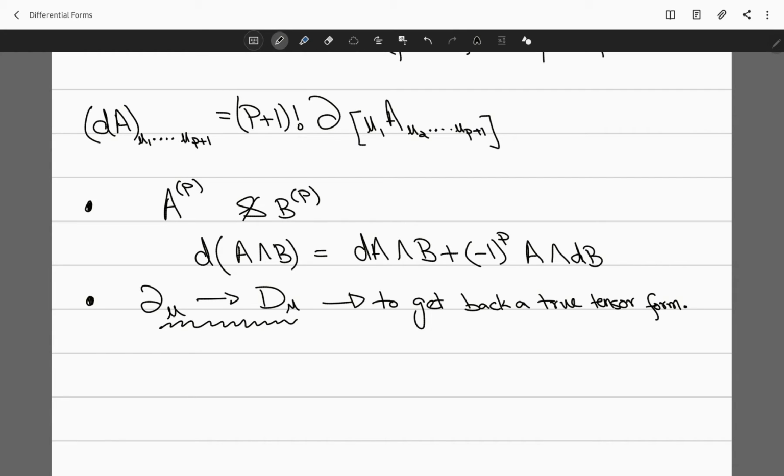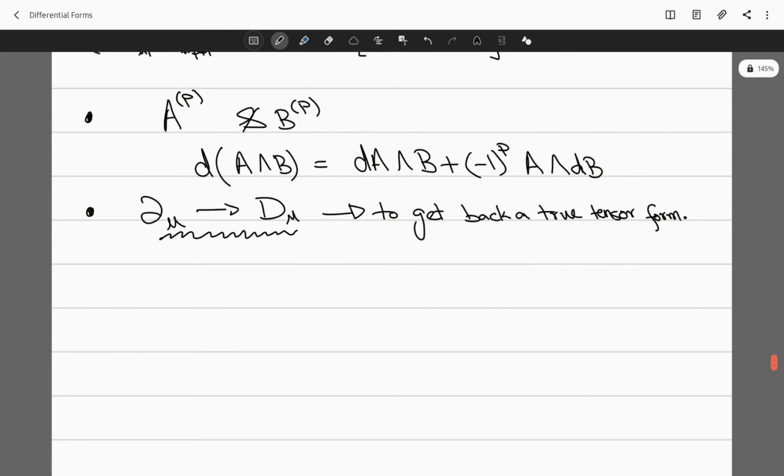Because of the metric and all, right? But it turns out that due to the anti-symmetrization, even if you include the Christoffel connections, what happens is that the Christoffel connections end up cancelling out, right?